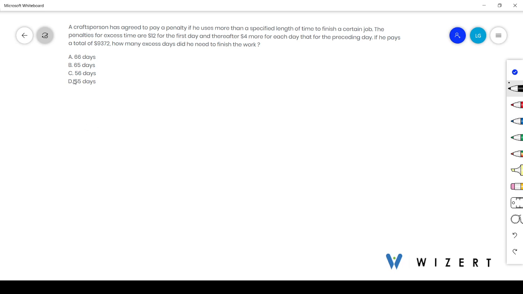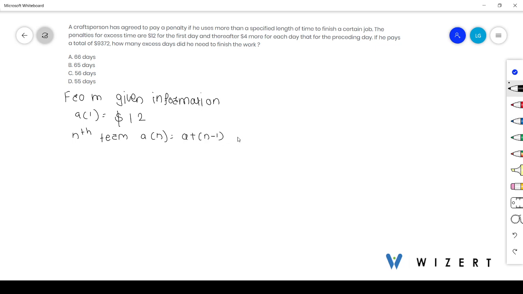Now, from the given information, we can write a1 equals $12. Also, the nth term, that is an, equals a plus (n minus 1) into d.